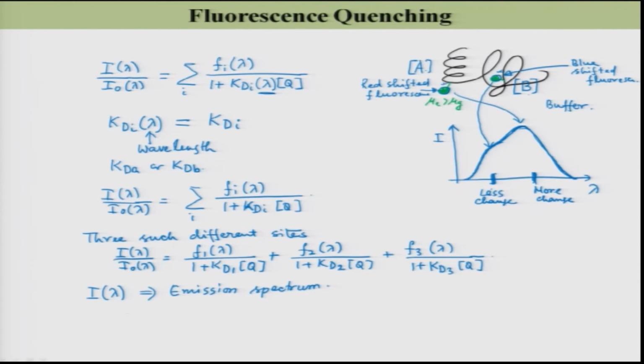So, if I multiply this I lambda by Fi lambda, that will give me the intensity for the ith site at this particular lambda. I will simply get that. Obviously, this I lambda is a measured quantity. This is my I lambda.